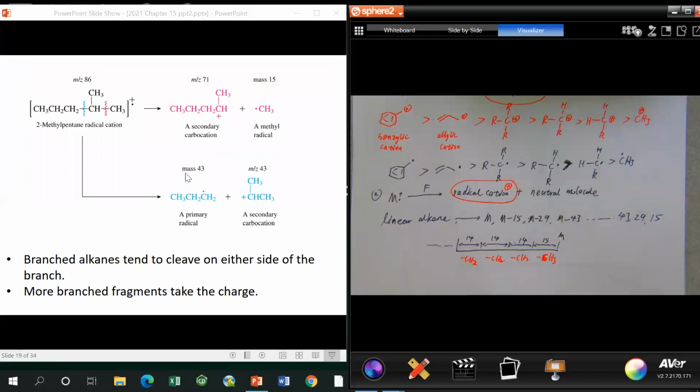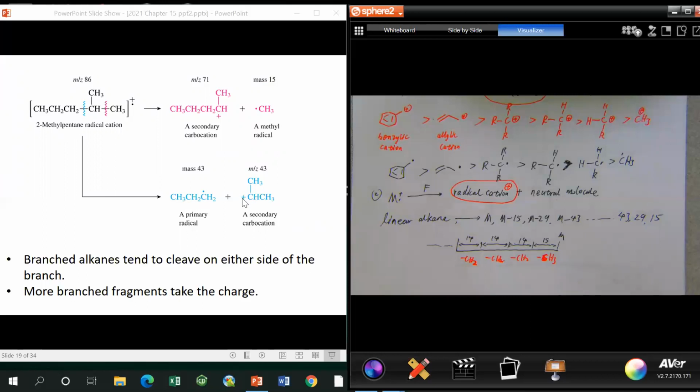And then for the branched alkane, the preferred breakup point is just on either side of the branch. The reason for that is you can generate a more stable secondary carbon cation. So break it up here, more stable cation, and also here. Normally the more branched fragment takes the charge. So if you break up here, you generate a primary radical and then a secondary carbon cation.